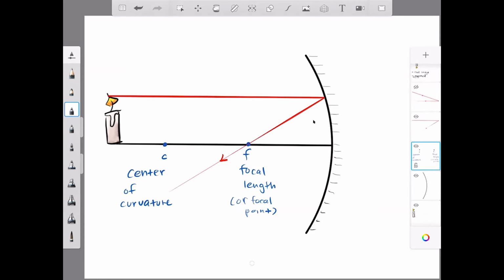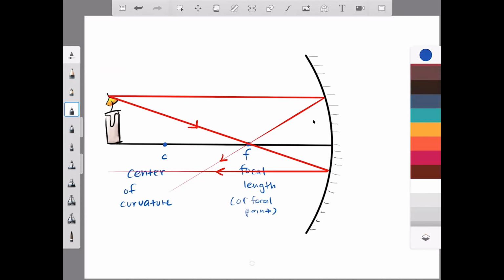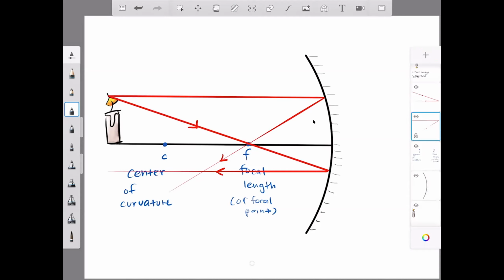I can draw another line that goes through the focal point, and then it will reflect parallel to that center axis. Now, I want you guys to pay close attention to the point in which they intersect, which is going to be right here.